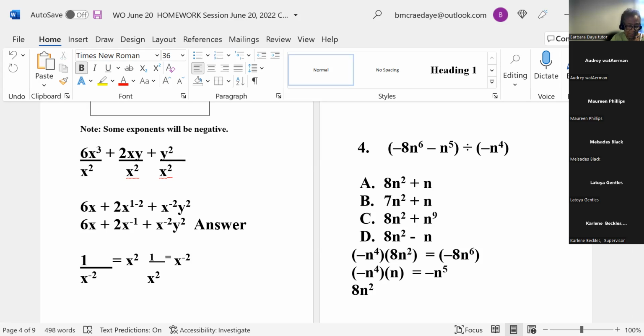No, do you have a minus n or a plus n? Right here, it's a plus, right? Because that n has a positive sign. So that's plus n. What answer is that? Yeah. A. Answer A.